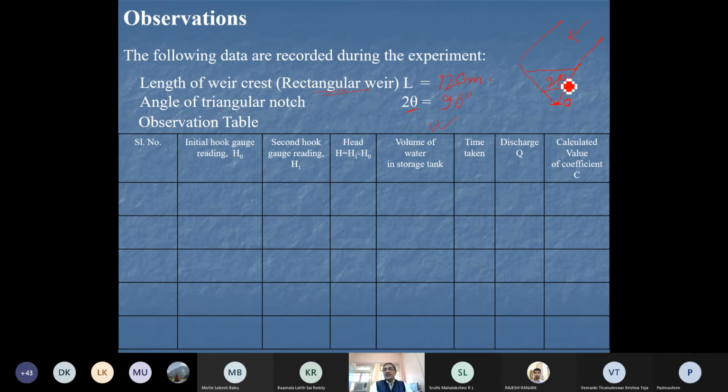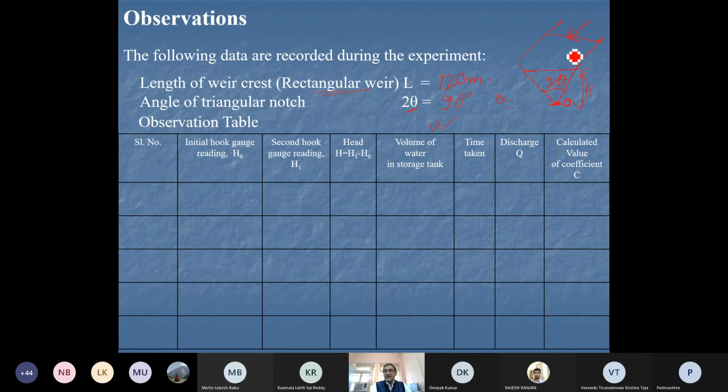We have started observations from a particular head here, suppose H. So once all these observations Q1, Q2, Q3 are finished, we stop the supply of water, and when the water is almost 0 here over the crest, we are measuring the head of water, that is equivalent to the level of this crest.